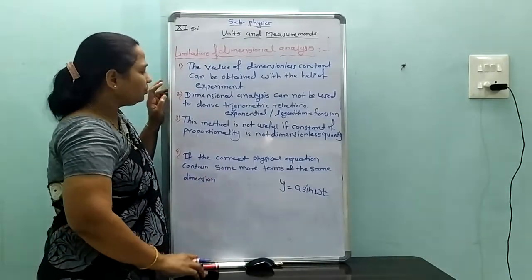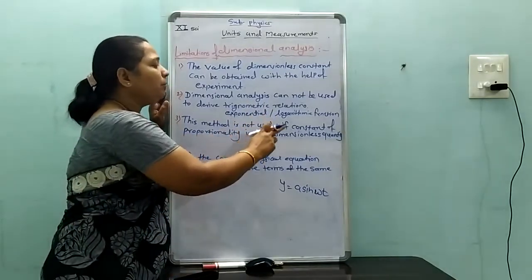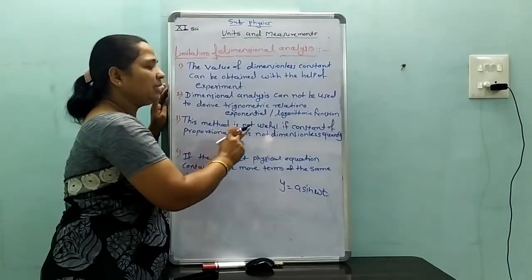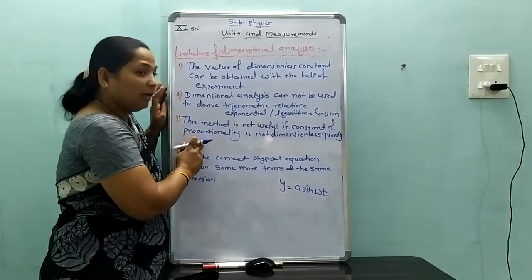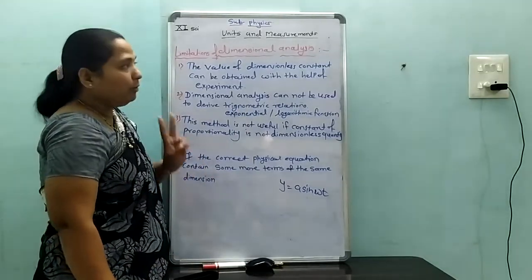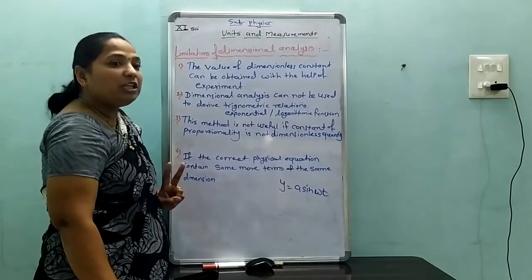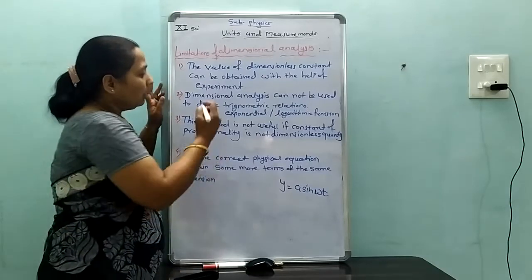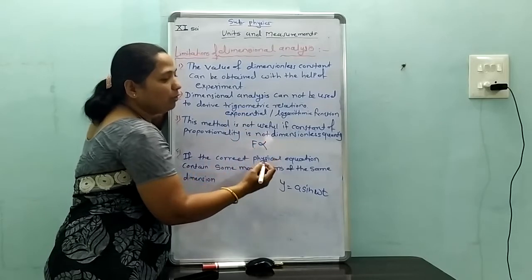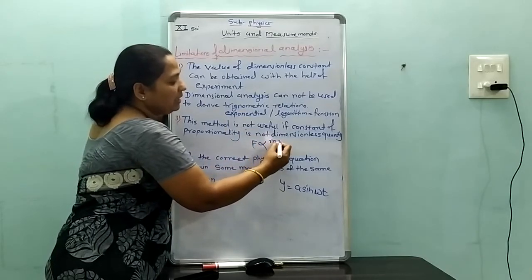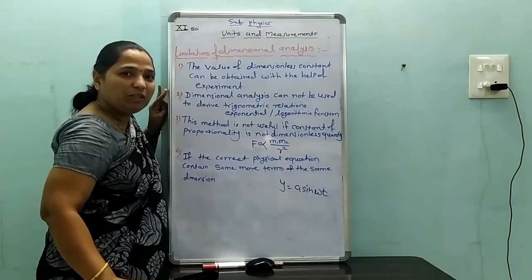Third limitation: this method is not useful if the constant of proportionality is not dimensionless. We saw that example in the second use of dimensional analysis, the relationship between mass and distance. According to Newton's law of gravitation, F is directly proportional to the product of their masses and inversely proportional to the square of the distance between them.